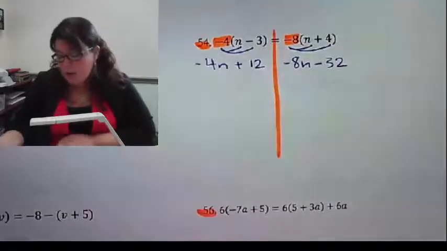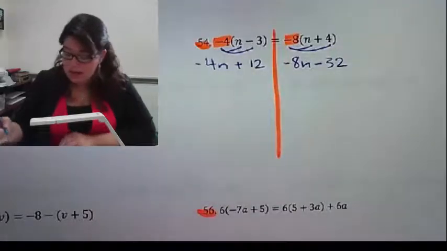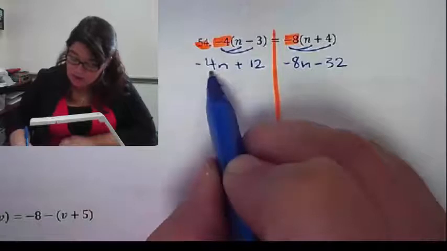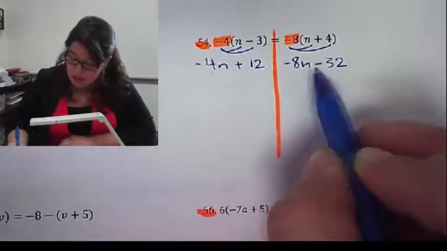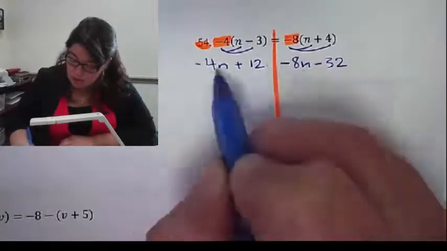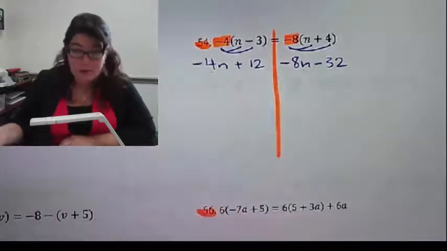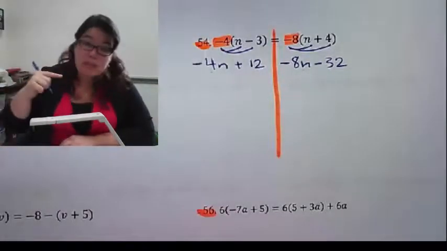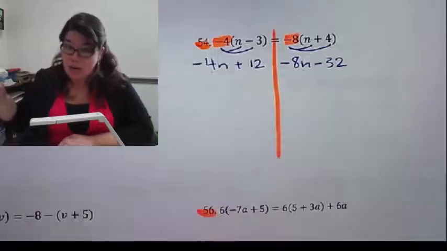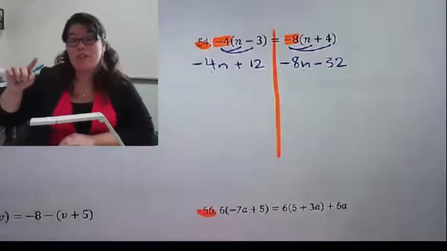Check for distribution, then you can combine like terms on the same side. Well, these are not like terms, and these are not like terms. So I can move on to the next part, which says put your variables here, get your constants there, do the inverse operation just to keep things fair.